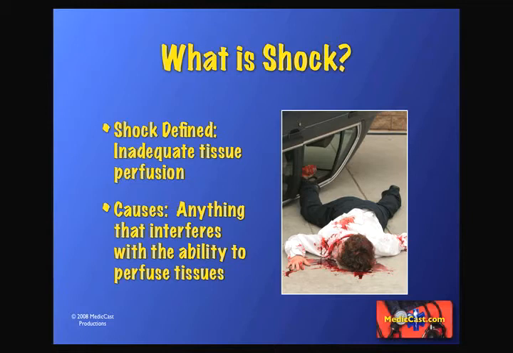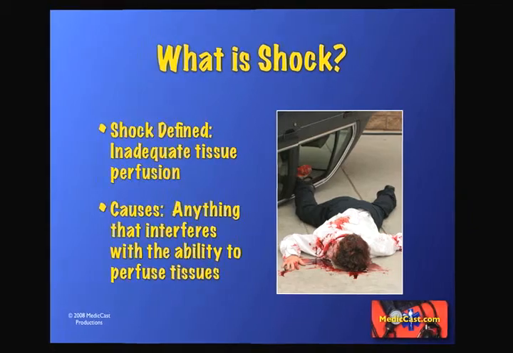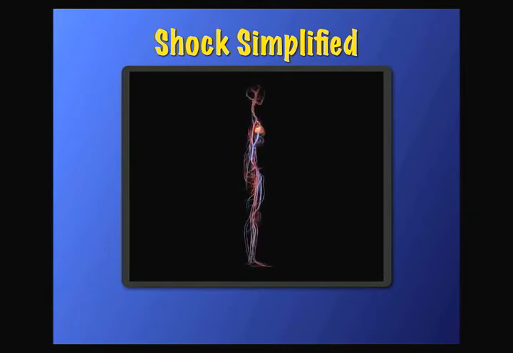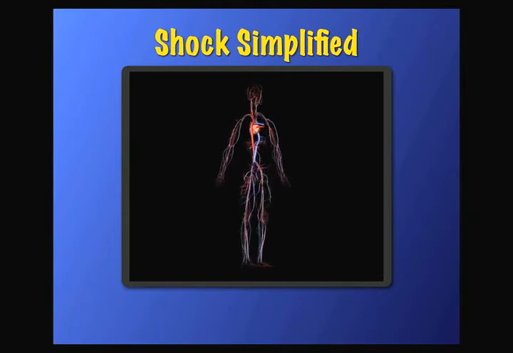In fact, my friend Paul Bond from the Emergency Nursing Today podcast likes to say that shock is something that everybody eventually dies from. When we're looking at shock, we need to understand that shock is a very simple process at its most basic part.